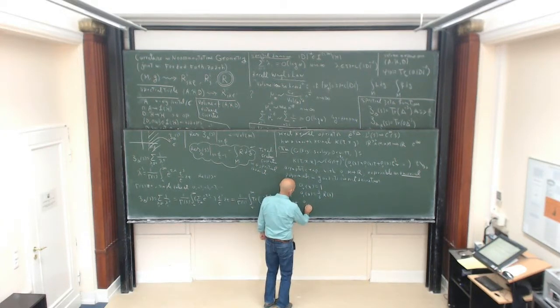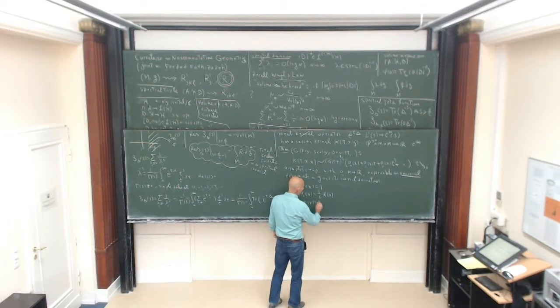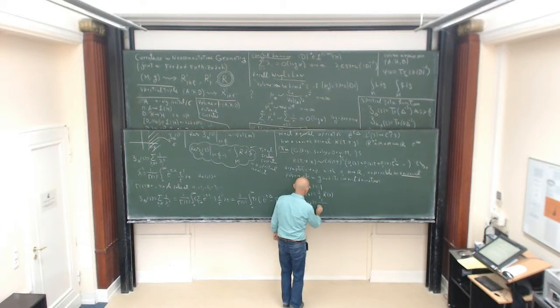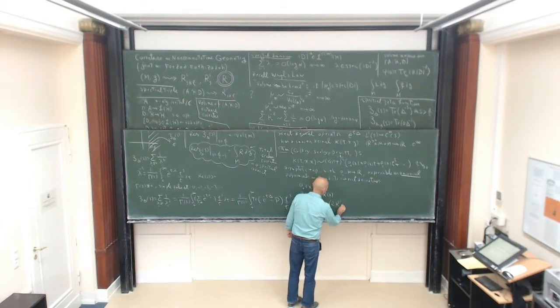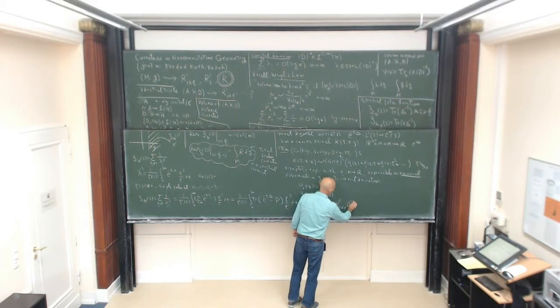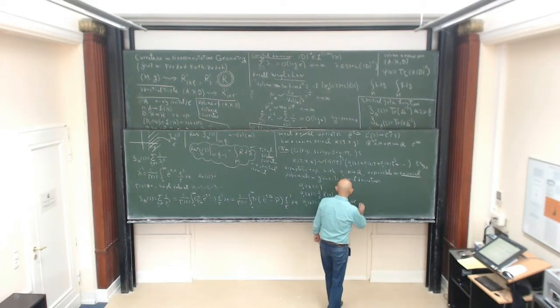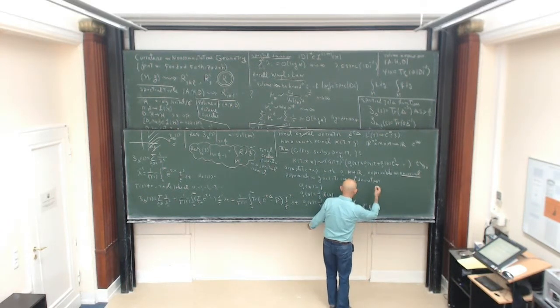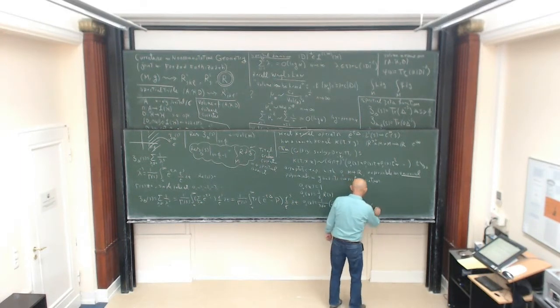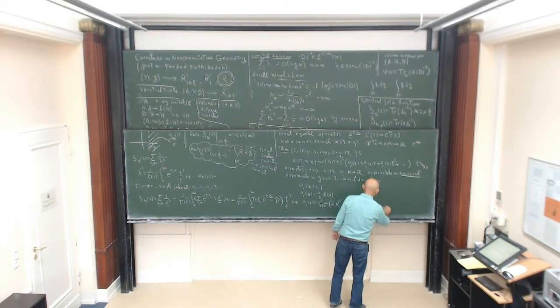And the next one, a2 of x, is something like, for the Laplacian, I'm talking about 1/360 times 2 R_ijkl squared, minus 2 R_ij squared, plus 5, I think, R squared.